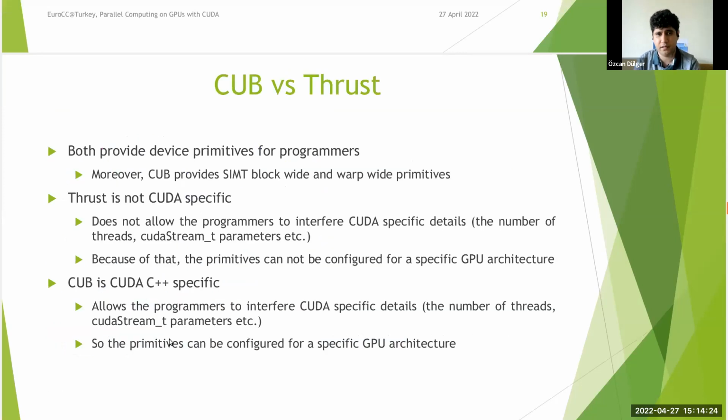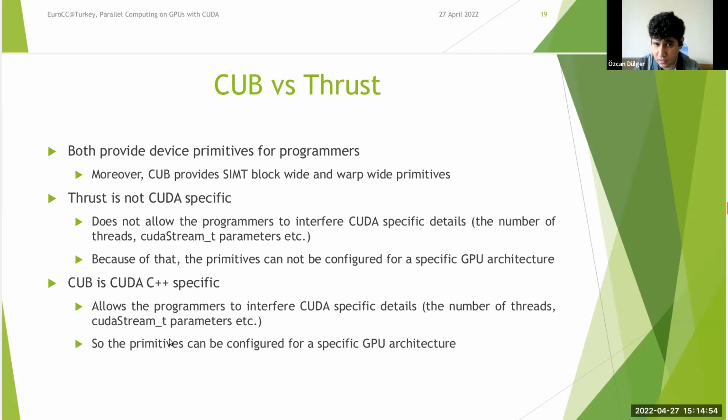Okay, let's compare CUB and Thrust. Both libraries provide device primitives for programmers. Moreover, CUB provides single instruction, multiple thread, block-wide, and warp-wide primitives. On the other hand, Thrust is not CUDA specific. That means it does not allow programmers to interfere with CUDA specific details, such as the number of threads or streams.